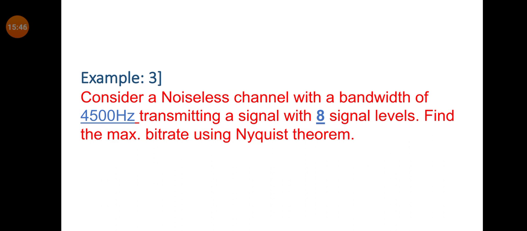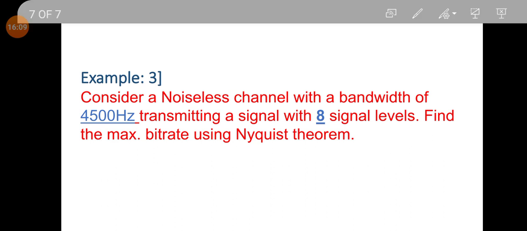So using the given values and the Nyquist theorem formula, find the maximum bitrate of a noiseless channel and write the solved answer in the comment section of this video. I will check and reply there. Don't forget to solve it and write the solution in the comment section.